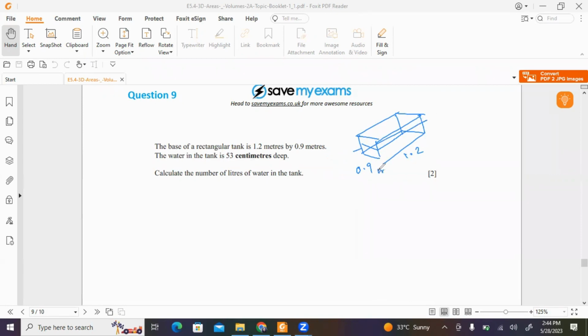Now these are in meters and this is in centimeters. So first we convert 53 centimeters into meters. We know 1 meter is 100 centimeters. So 53 centimeters is 0.53 meters.